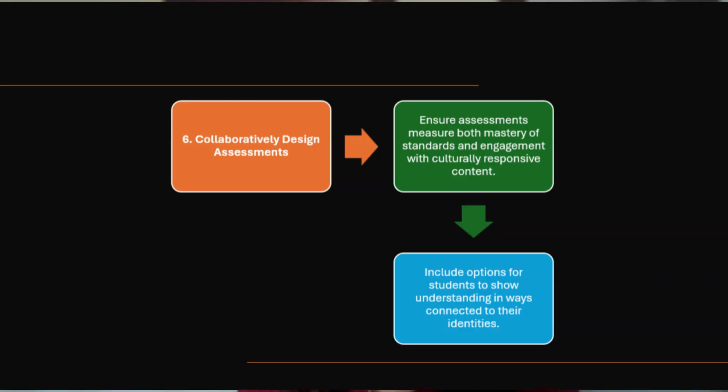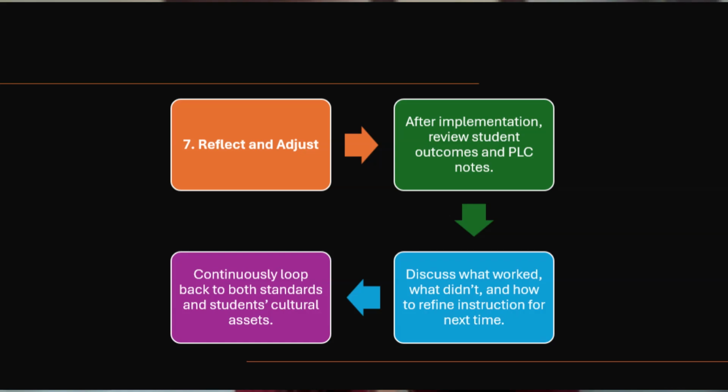And the last step, which is step 7, you always want to reflect and adjust. After implementation, review the student outcomes and POC notes. Discuss what worked, what didn't, and how to refine instruction for next time. Continuously loop back to both standards and students' cultural assets.